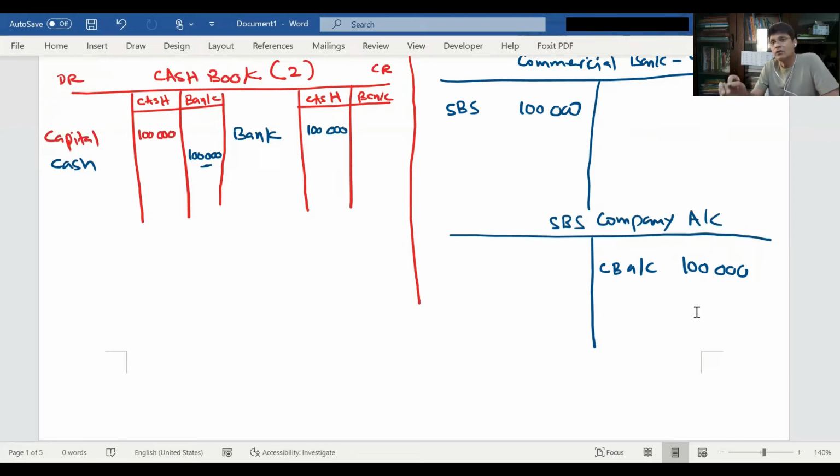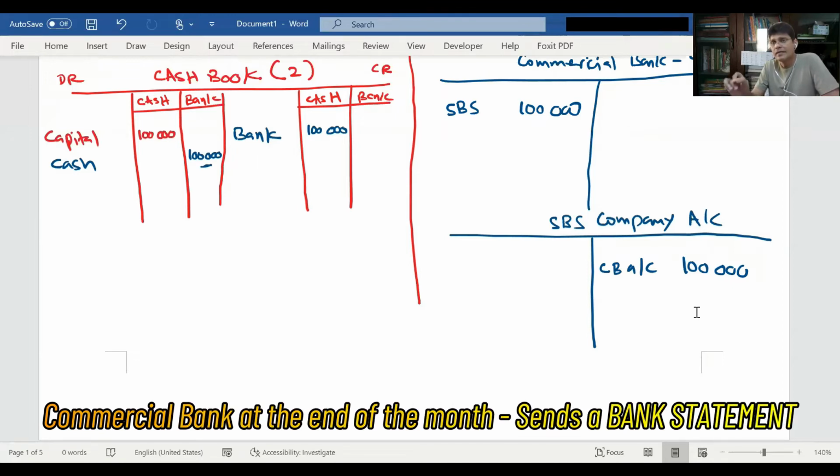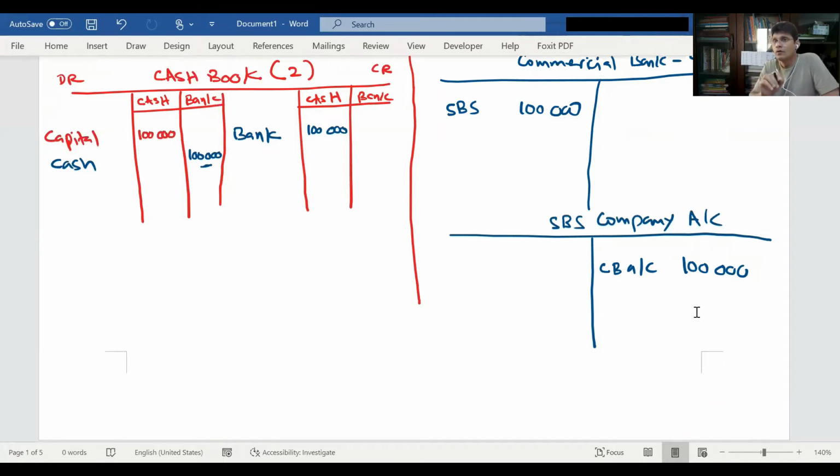So the commercial bank will send a statement called a bank statement to SBS company. Usually banks send a bank statement to almost all the customers who have opened a bank account with the bank. Then only you will come to know what transactions you have done during a particular month. You understand? Every month you will get a bank statement.